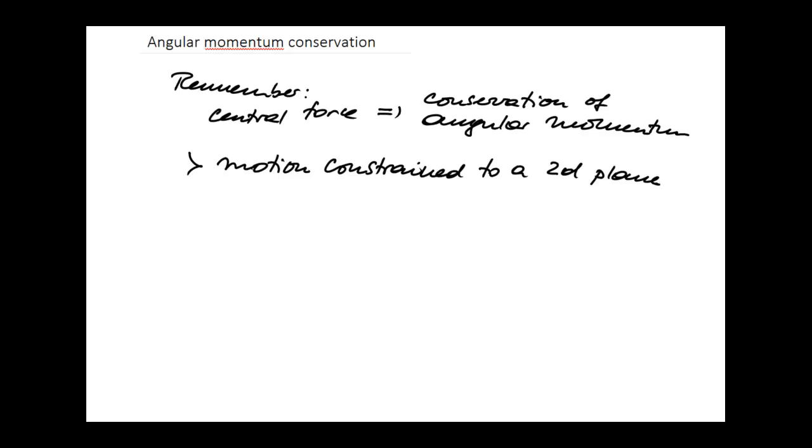If motion is constrained to a two-dimensional plane, then we can change coordinates yet again. Let me sketch that two-dimensional plane here. And let's say that our body moves in that plane.